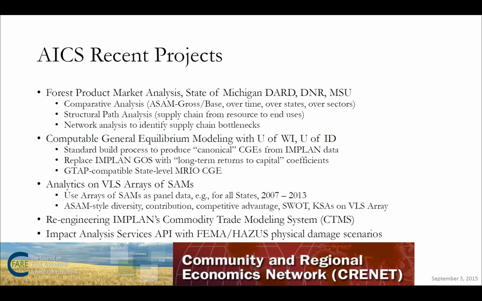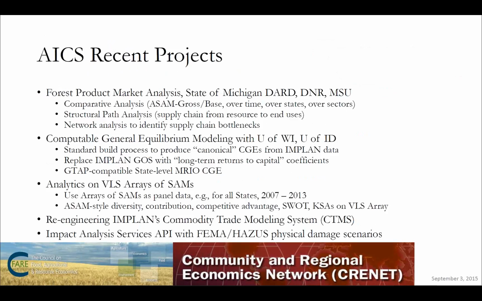We are also working in the area of computable general equilibrium modeling with Tom at the University of Wisconsin, and also Phil at University of Idaho. What we're putting together is a standard build process to produce canonical CGEs using IMPLAN as a data source.